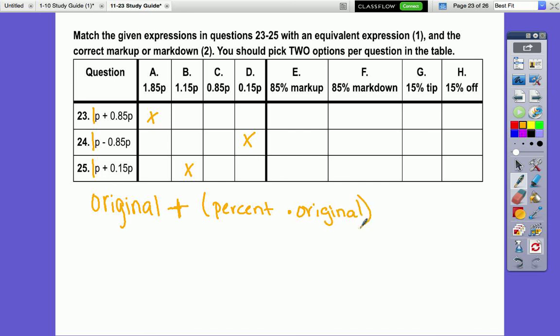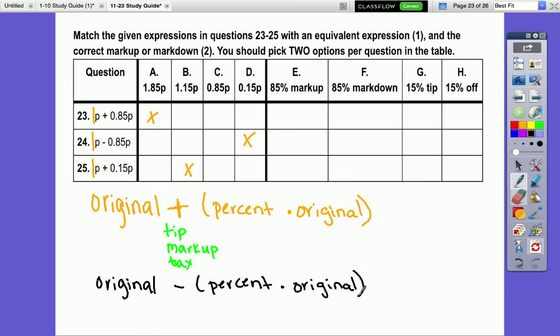Now, the plus or minus can be for a tip, a markup, or taxes. We've also dealt with the original minus the percent times the original.